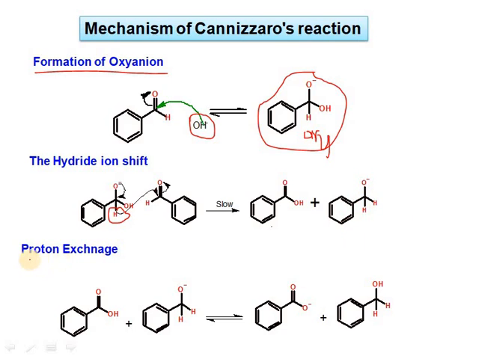In the last step, the third step, proton exchange takes place between the two molecules, this acid and this anion. This O minus picks up the proton from the acid to give the carboxylate, sodium carboxylate, and the other product picks up a proton to give the alcohol.